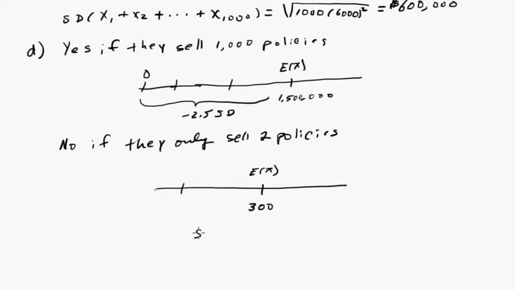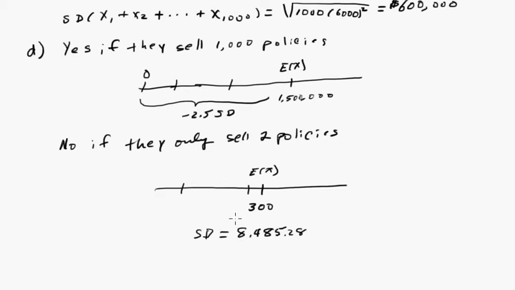The standard deviation was 8,485.28. So $300 or zero is real close.